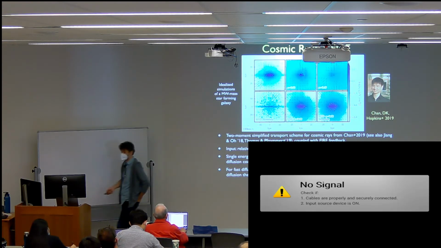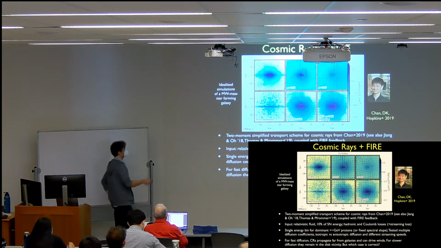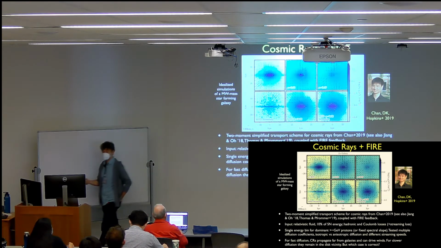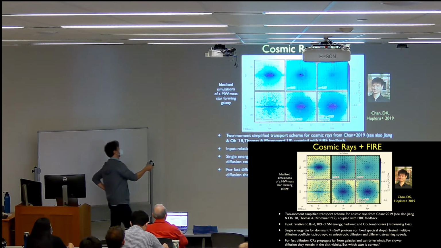So we tried different cases from 3 times 10 to the 26 to 3 times 10 to the 27 centimeters squared per second. Units are not important here, all the way to 100 times more. We tried adding streaming, we tried adding anisotropic diffusion versus isotropic diffusion and so on. But the question was, which one of these is right?